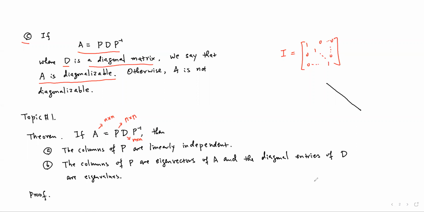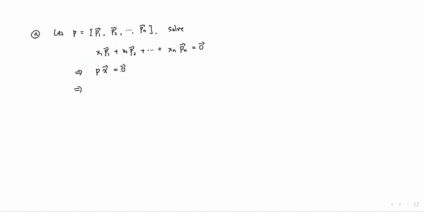P has an inverse. So therefore, I can move P to the right side. Multiply this equation by P inverse from the left. Then P inverse and P cancel. We get X is P inverse times 0. A matrix times the 0 vector is 0.